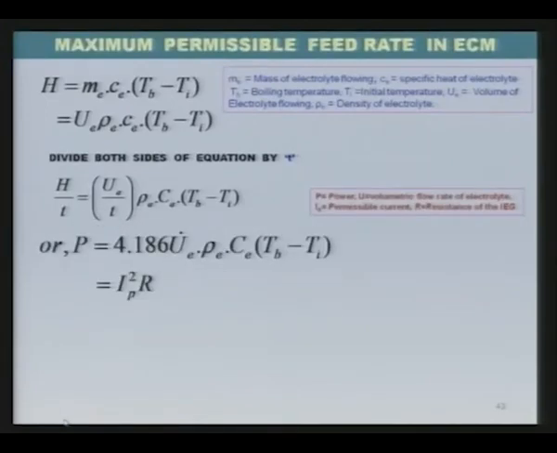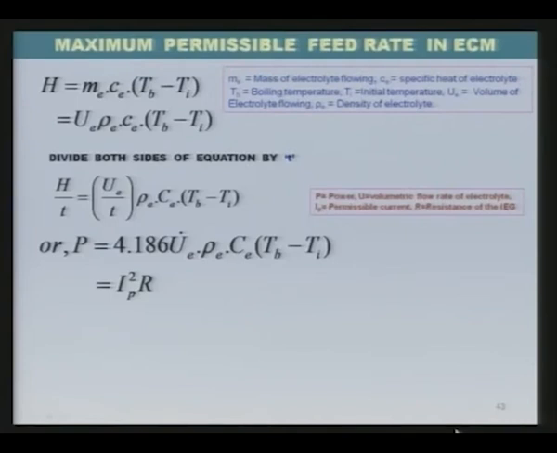And H divided by t, total heat generated divided by time, gives you power P. So, you can write this equation equal to 4.186 U dot_E rho_E C_E (T_B minus T_I).